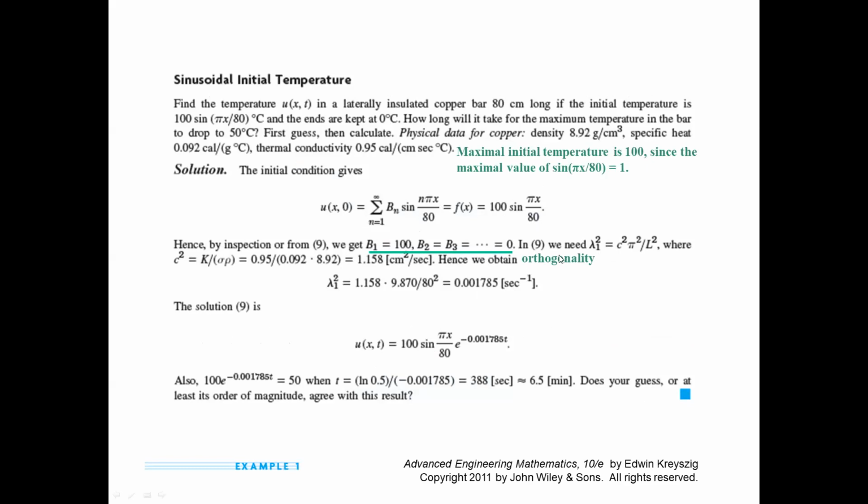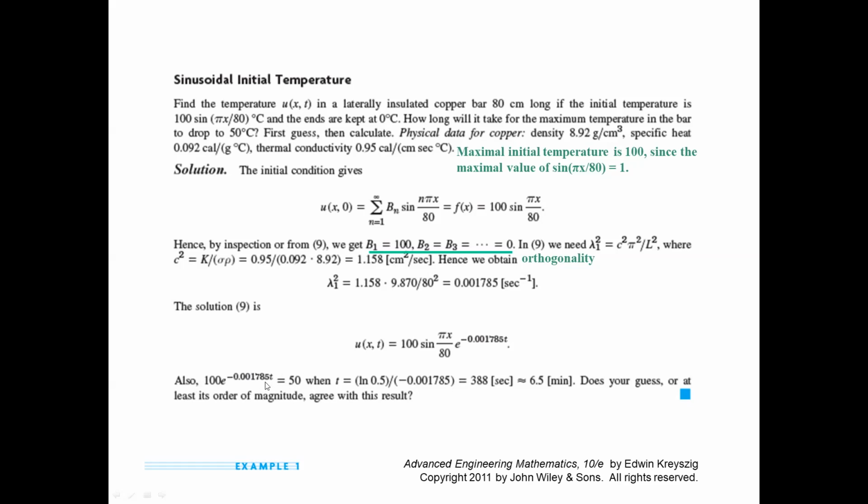And here we just put in the material constant inside lambda. So we get a lambda value, and putting this in, we get a solution like this. And to answer the question of when the magnitude will drop to half of its value, we can simply use the solution we just got equal to 50.